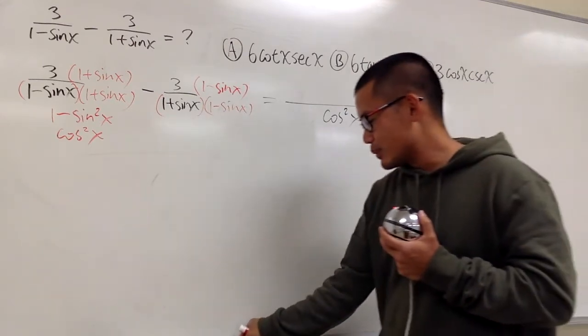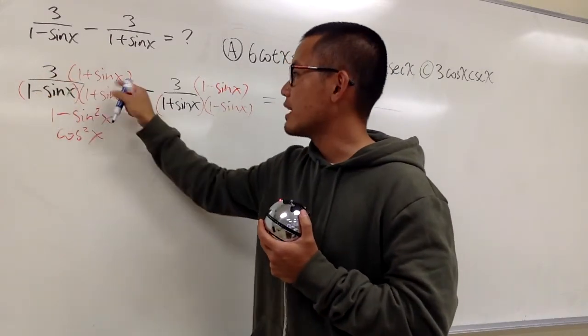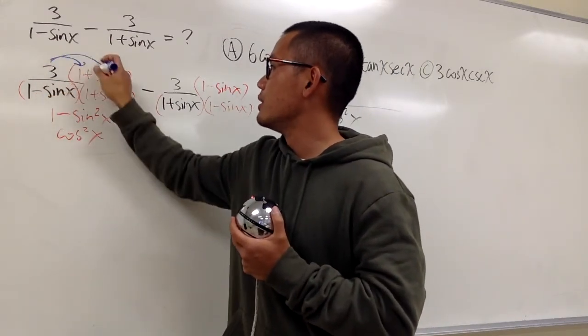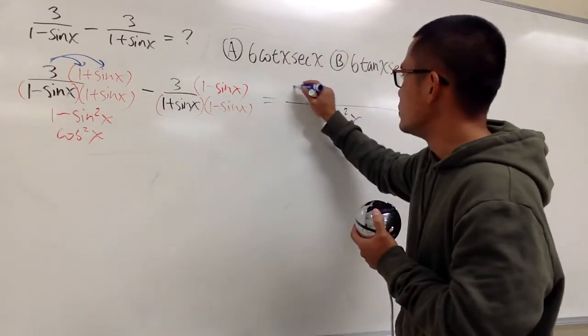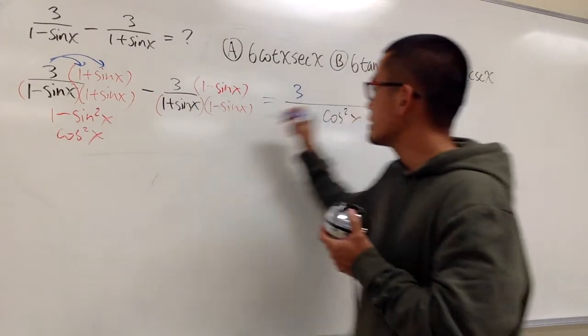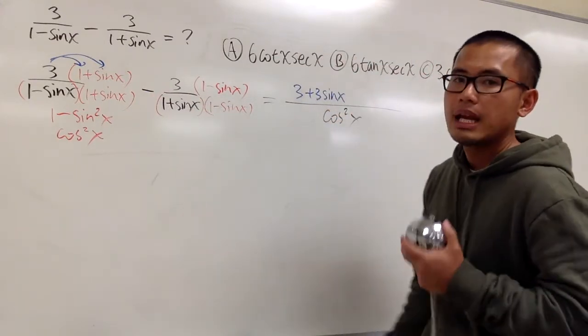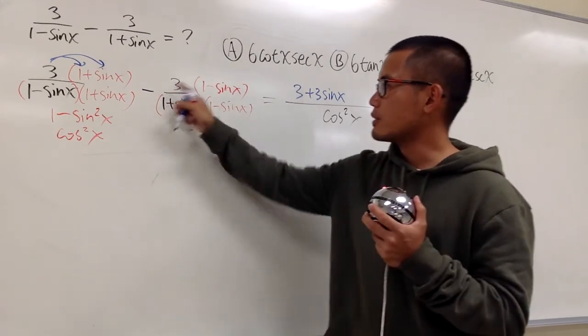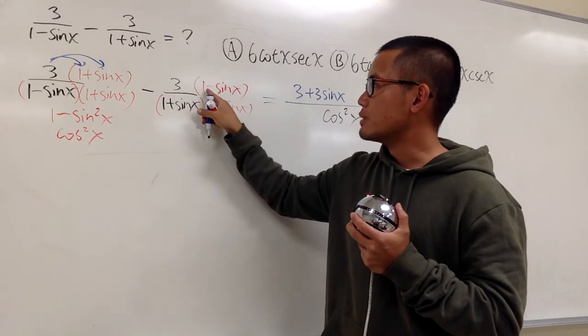And next, we will have to just look at this. This is 3 times 1 plus sin x. Of course, distribute the usual business, right? So let's do 3 times 1, which is 3. 3 times sin x, and that's plus, so that's plus 3 sine x. And next, be careful with the following term right here. We have to take negative 3 times 1.